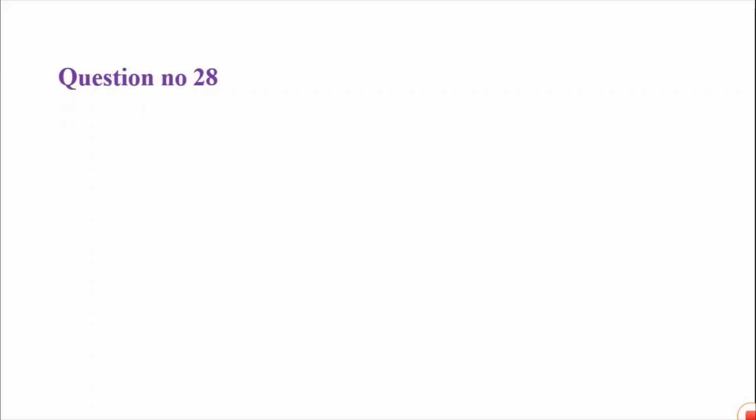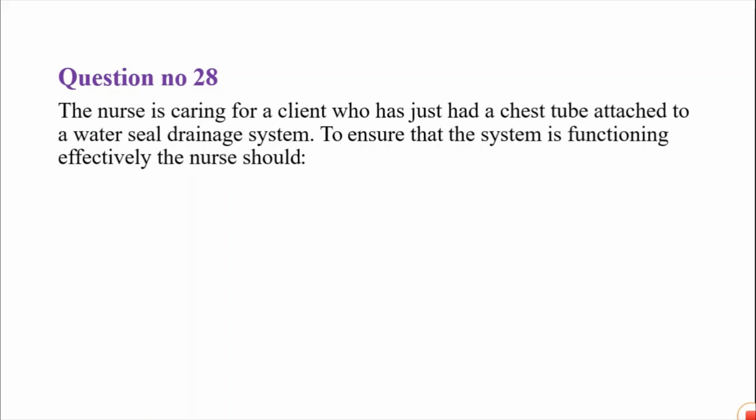Question number 28. The nurse is caring for a client who has just had a chest tube attached to the water seal drainage system. To ensure that the system is functioning effectively, the nurse should: number A, observe for intermittent bubbling in the water seal chamber.